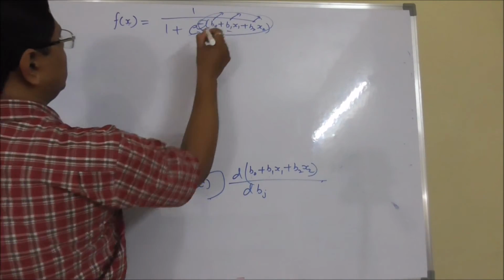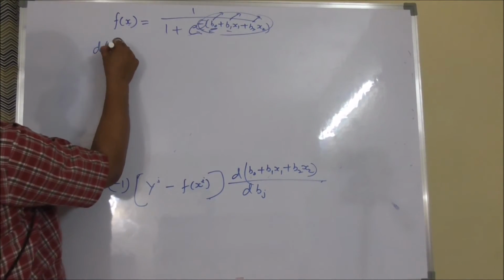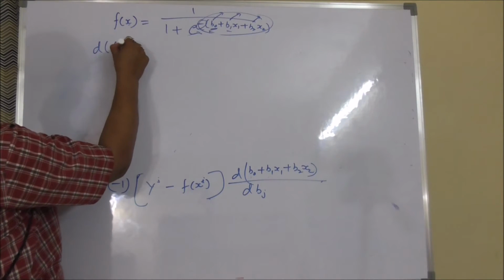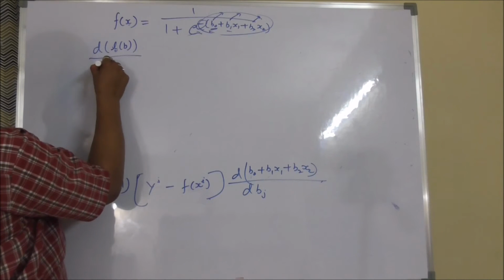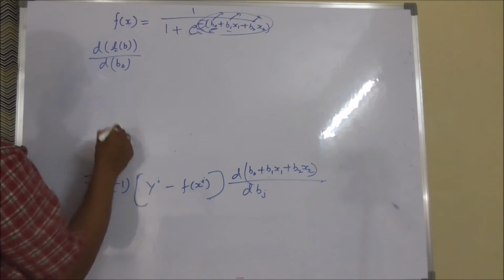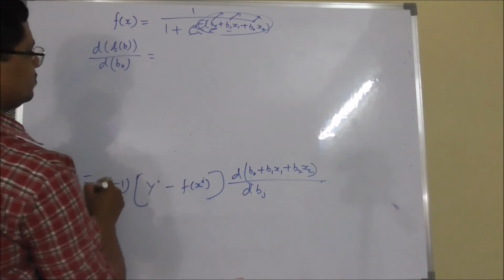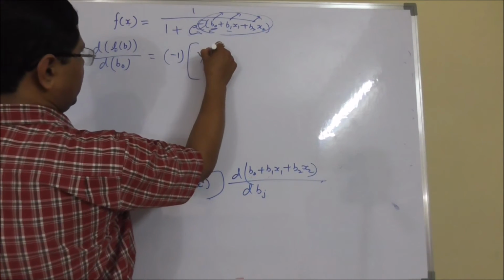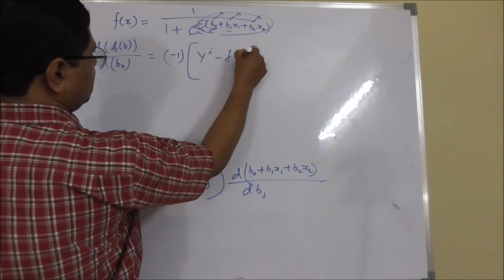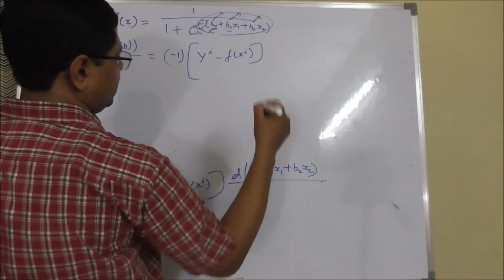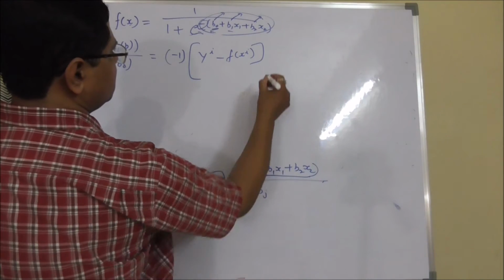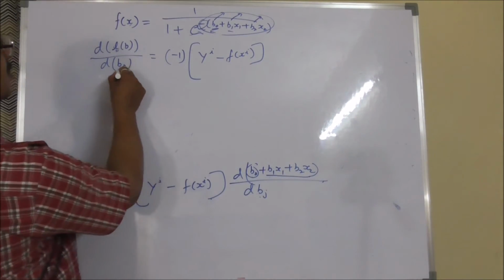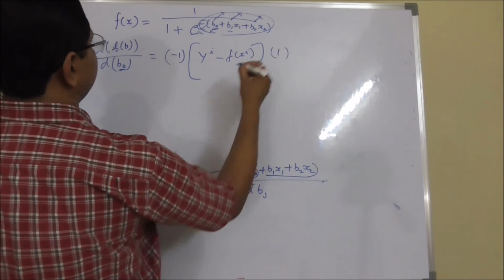Now for the b0 value, when we take the derivative with respect to b0, the entire thing will cancel, so the derivative of this part with respect to b0 will be equal to 1.